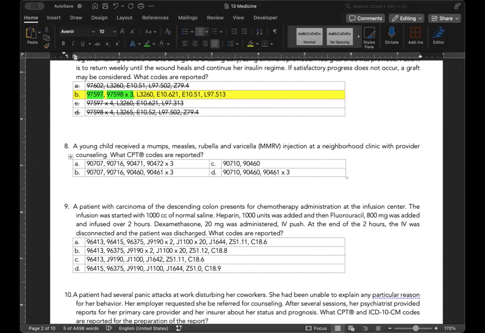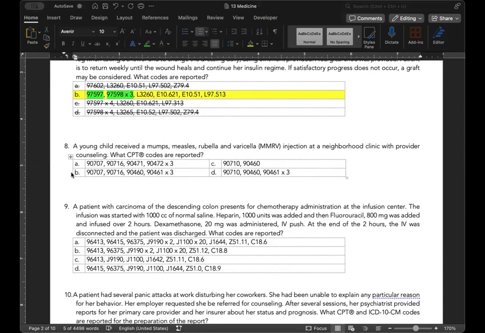So 90707 is for measles, mumps, and rubella virus vaccine, live, for subcutaneous use. But it doesn't include the varicella portion, right? It only includes mumps, measles, and rubella, the MMR, not the MMRV.